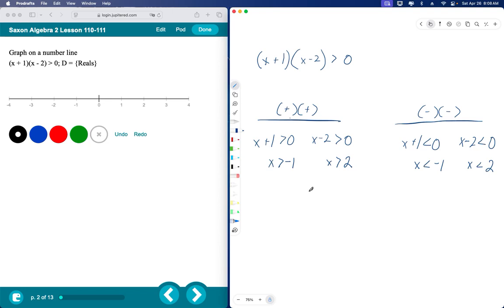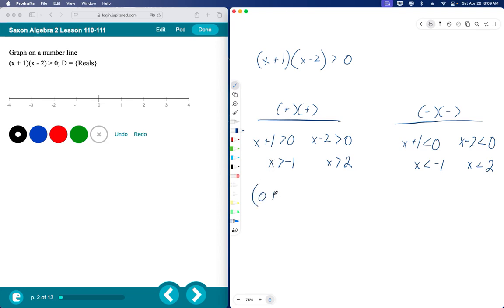Now we're going to see which ones actually make our equation true. And typically that's going to be one from either side. And I'll show you how that works. So we're going to take the original equation and find a value that is true for this. What's a value that is greater than -1? 0. 0 is 1 greater than -1.